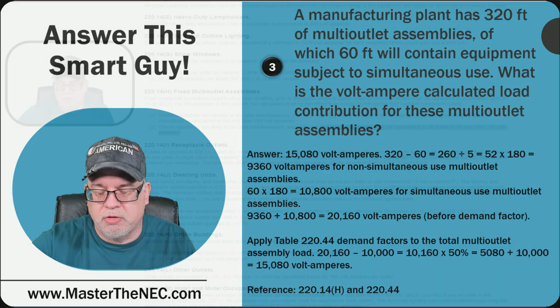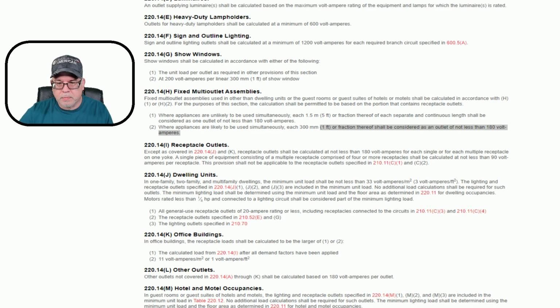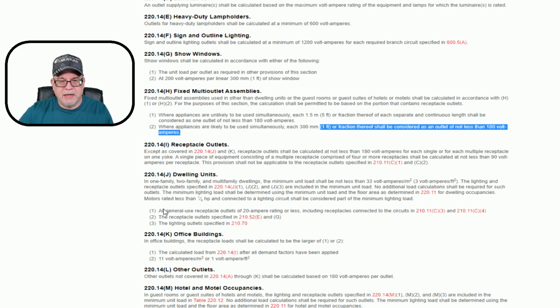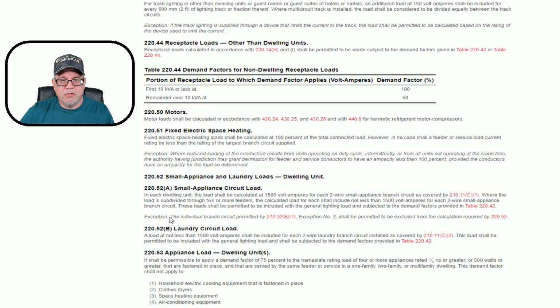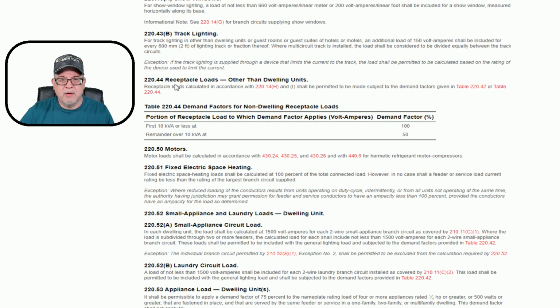So we're going to go look at 220.44. All right, so 220.44, now that we have what we've got to work with, says, check this out. It says receptacle loads calculated in accordance with 220.14(H), which is what we just did, and (I), so this can be applied to (I) as well. If you remember (I), we're not utilizing (I), but it could be applied.